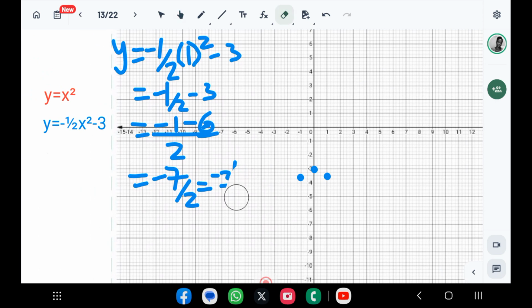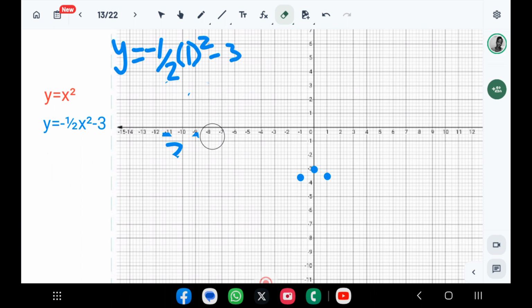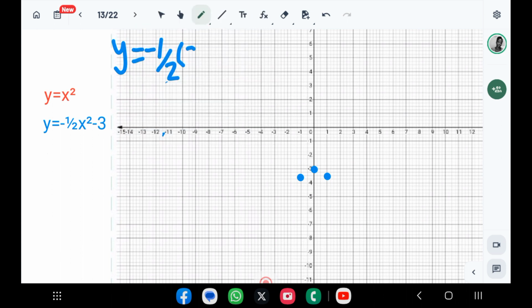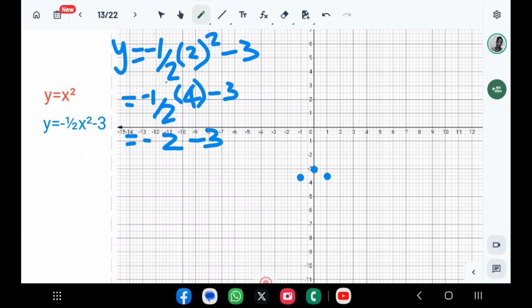Alright. Now let's see what happens when x equals 2. When x equals 2, 2 or negative 2 is going to give us the same thing. So that is negative 1/2 times 4 minus 3, which equals negative 2 minus 3, which equals negative 5.